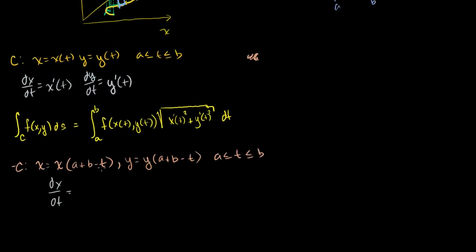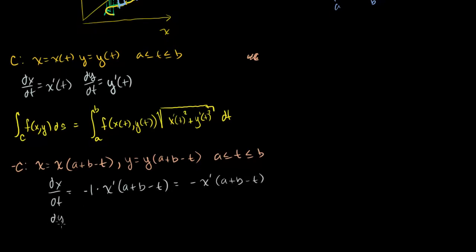The derivative of the inside with respect to t: these are constants, and the derivative of minus t with respect to t is minus 1. So it's minus 1 times the derivative of the outside with respect to the inside, that's just x prime of a plus b minus t. So this is just minus x prime of a plus b minus t.